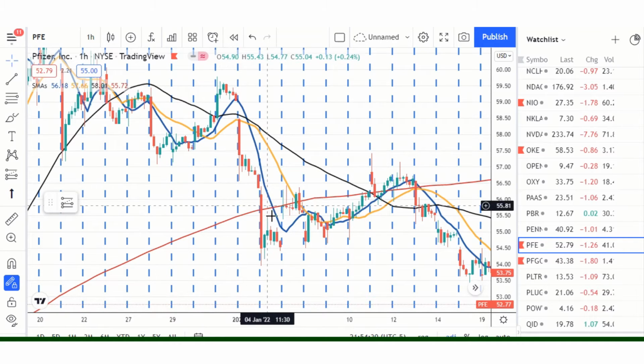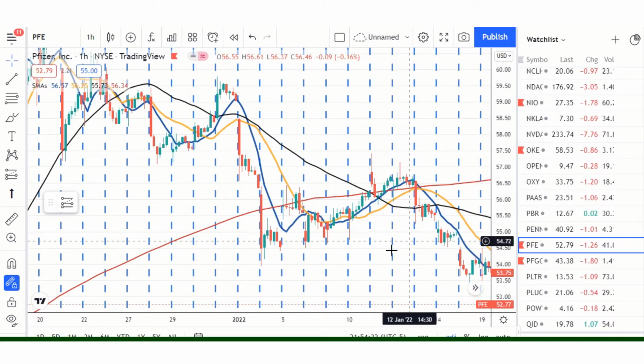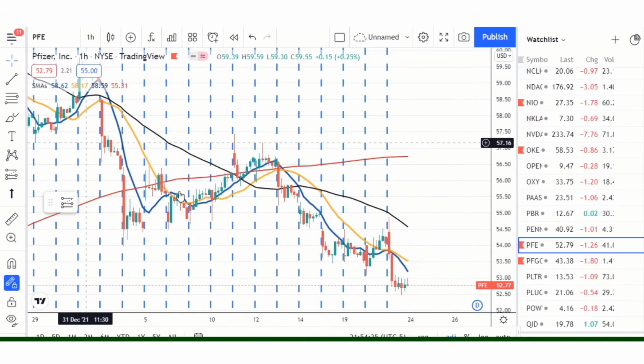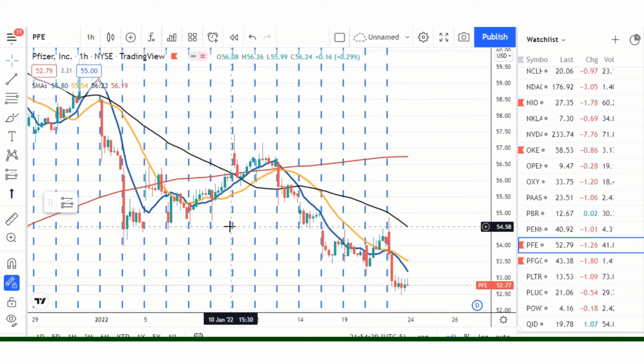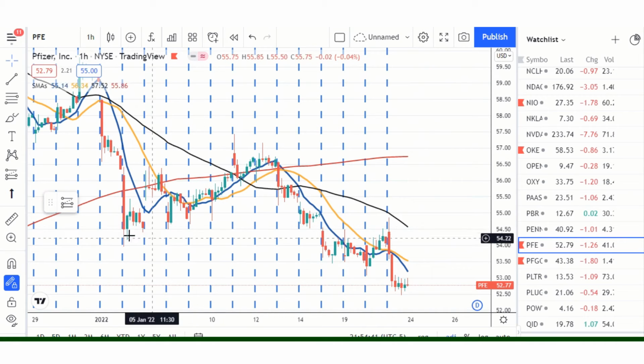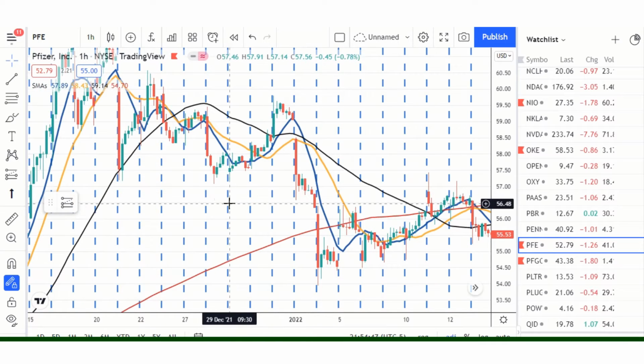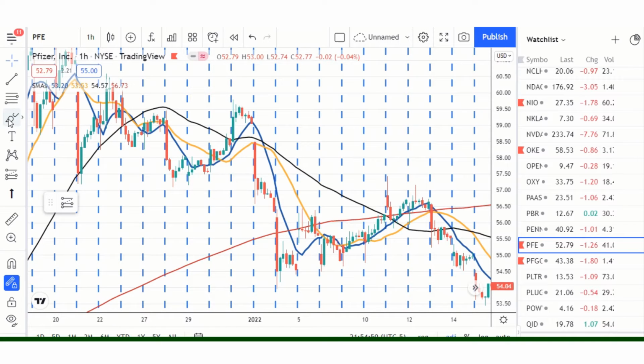Again, stock goes down, goes up, and if you didn't enter there, you can enter a trade over here. Once it passes the low of the previous move, that's a good place to enter a trade. So let me see if I can highlight that.